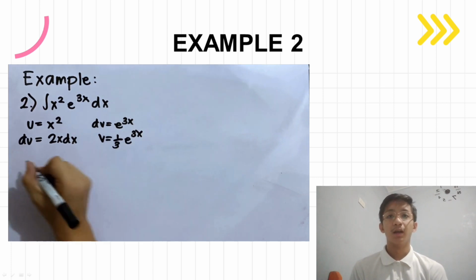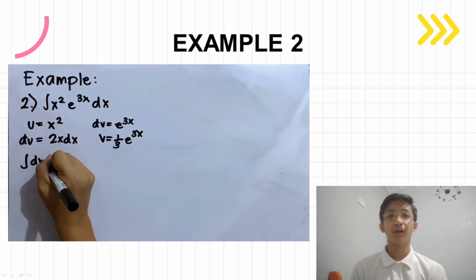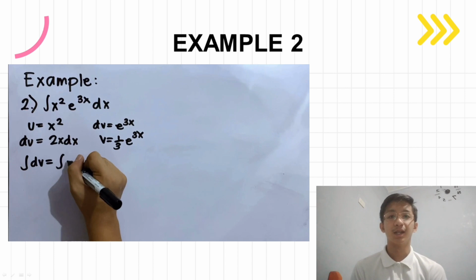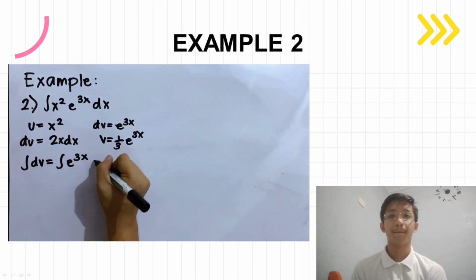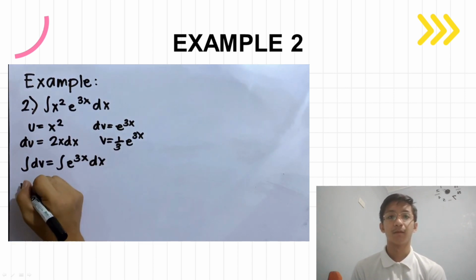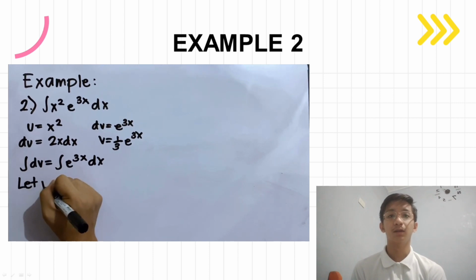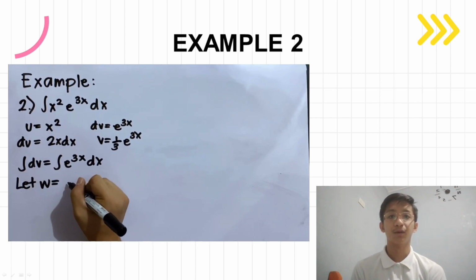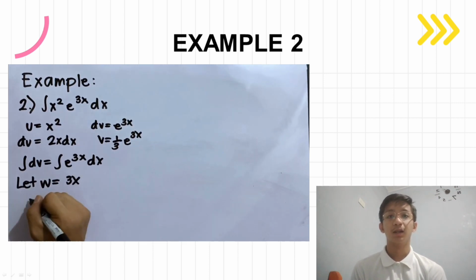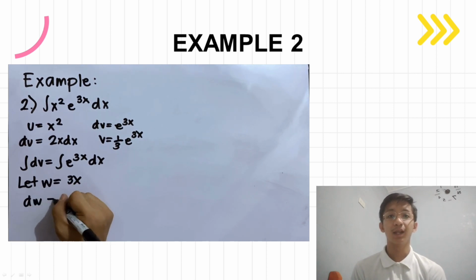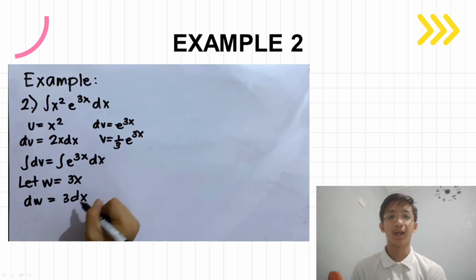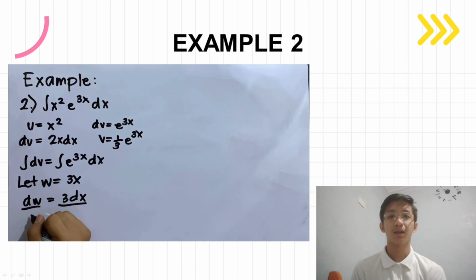Then, integral of dv equals integral of e^(3x) dx. Let w equal 3x, dw equals 3 dx, over 3, then cancel out.